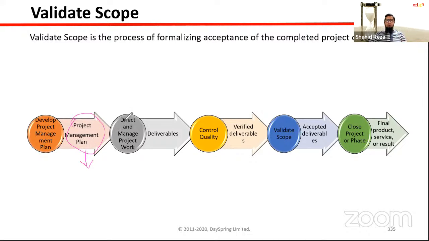Following that document through Direct and Manage Project Work, we'll create deliverables. And that deliverable will go to another process in the quality chapter, Control Quality, to check whether it is meeting all the quality requirements or not. That you have to ensure through Control Quality.